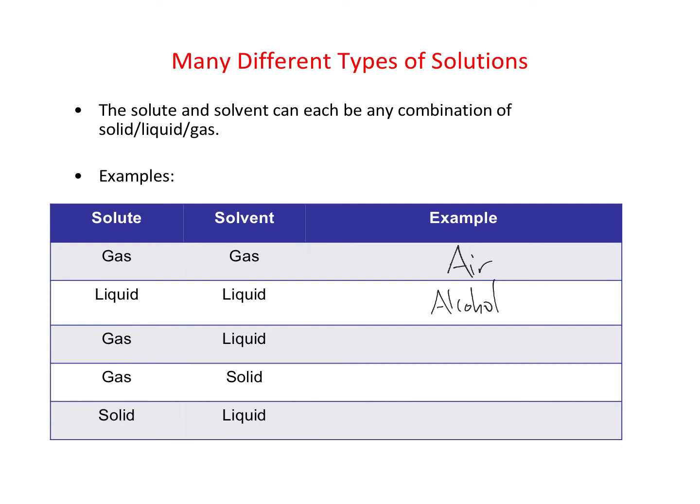An example where the solute is a gas and the solvent is a liquid would be soda. Right, of course, there are other things in soda, but the carbon dioxide that's dissolved in your carbonated beverages is the solute, or one of the solutes, and the solvent is, in that case, water.